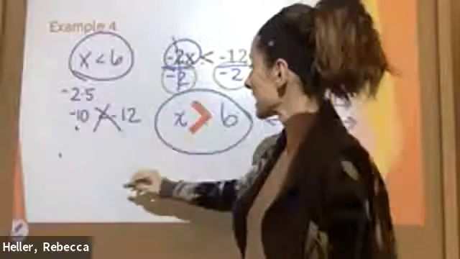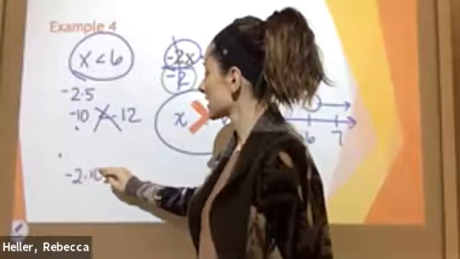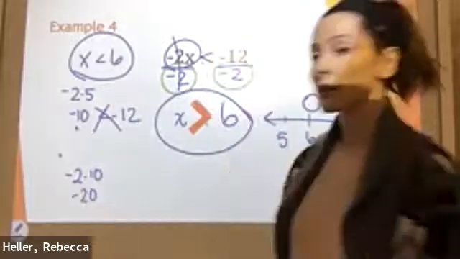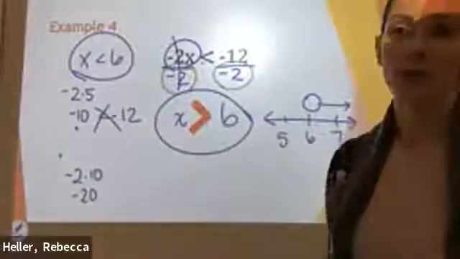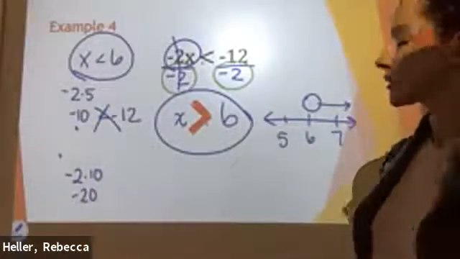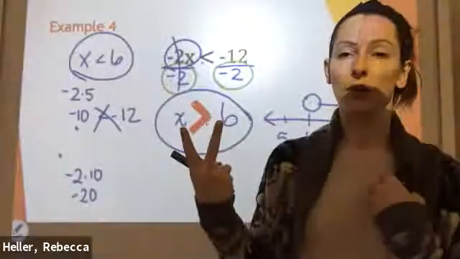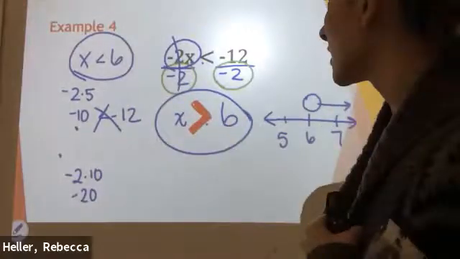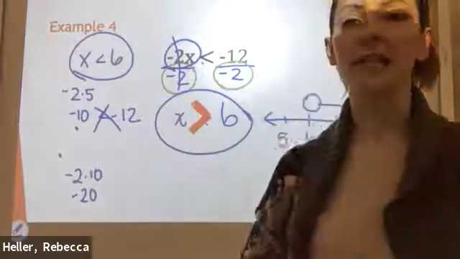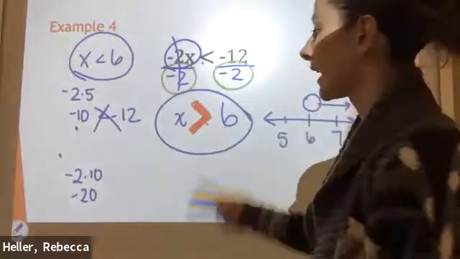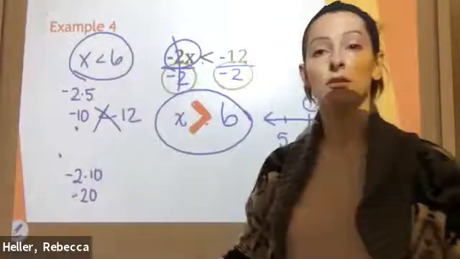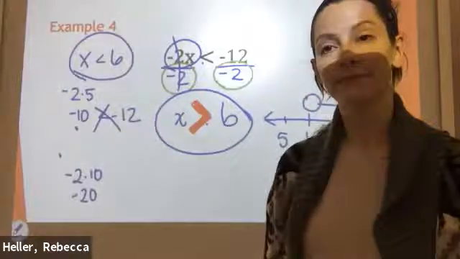If I plug in 10, -2 times 10 is -20. -20 is less than -12. So 2 reasons why you have to do it. One, like what Mario said, when you multiply or divide by negative, it makes it its opposite. And 2, because if you don't, all of your answers are wrong. So that's another good reason for you.